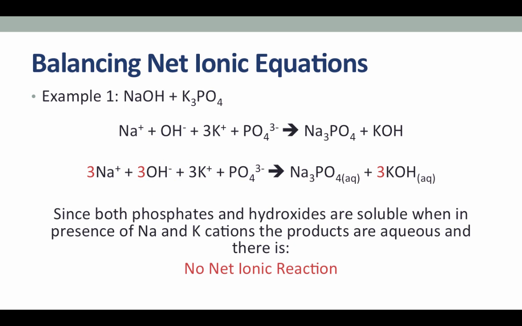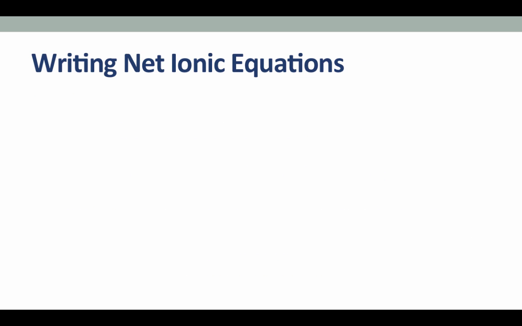Since both sodium phosphate and potassium hydroxide are soluble, these products are both aqueous. In this case, the result would be no net ionic reaction, since the products would look identical to the reactants. They would all just be in their ionic form floating around in our solution. No precipitate will form.